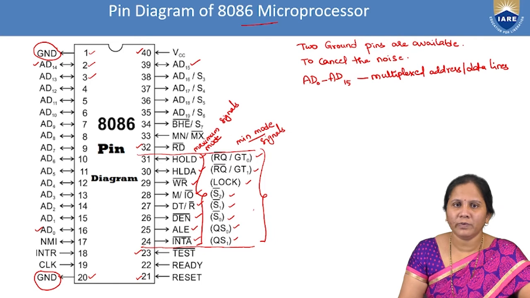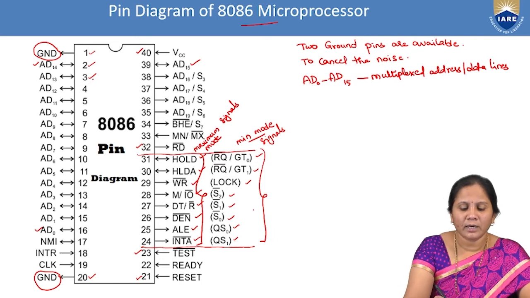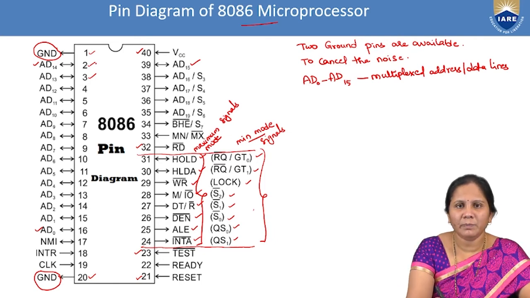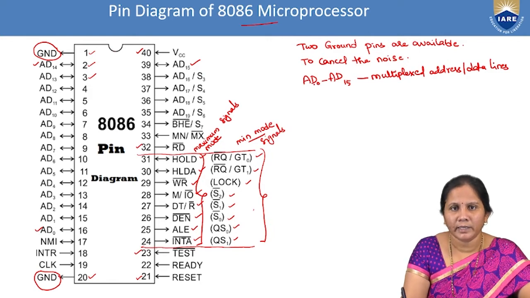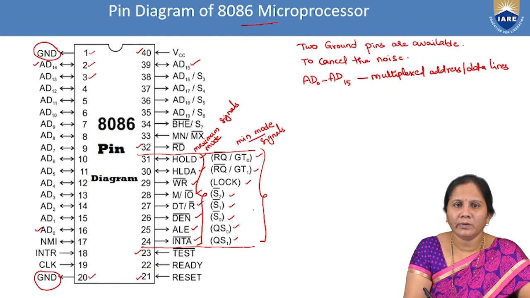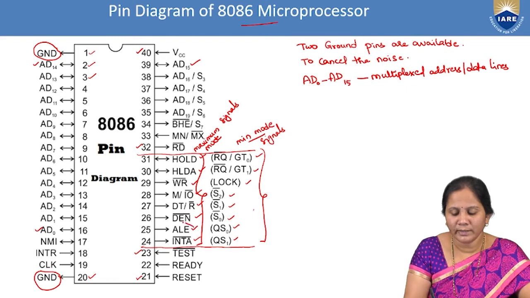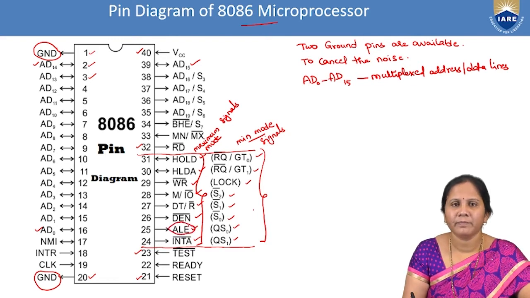So in this pin configuration, the same signal will carry the address and the same signal will carry the data. When it will carry the address and when it will carry the data depends on the signal called ALE. Okay.